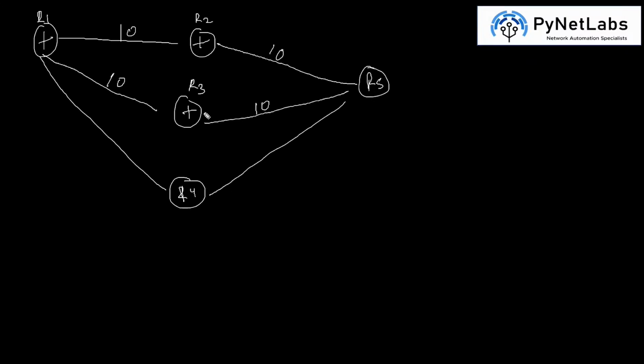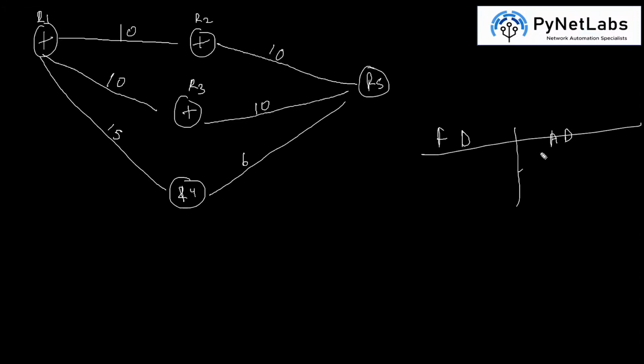Okay, this also 10. Let's take 15 here and 6 here. So we'll create the table of FD and AD, or we can say RD.